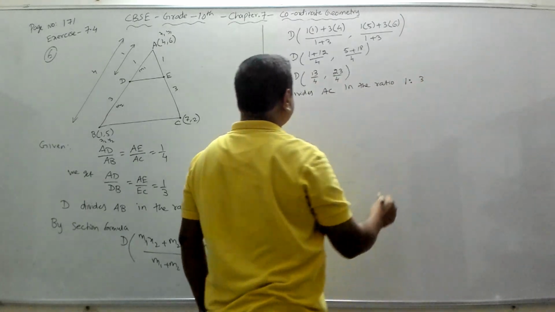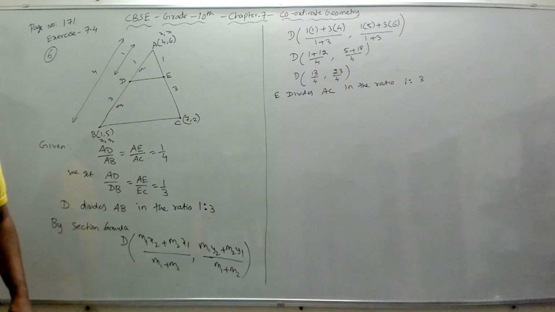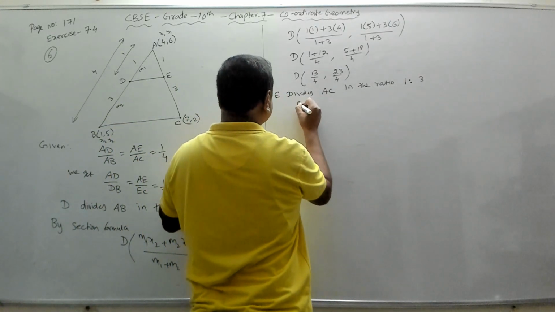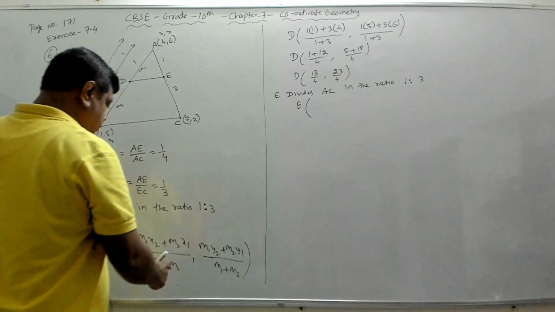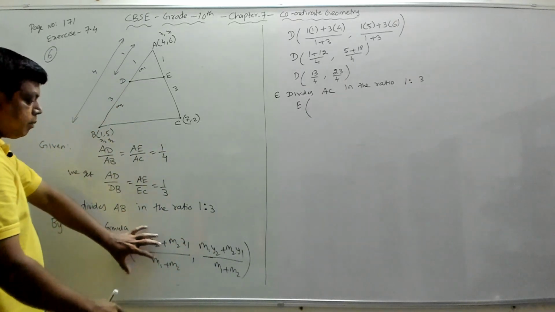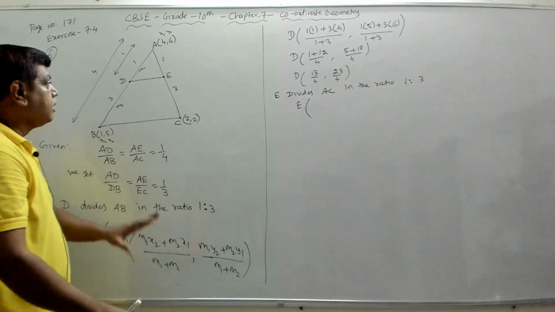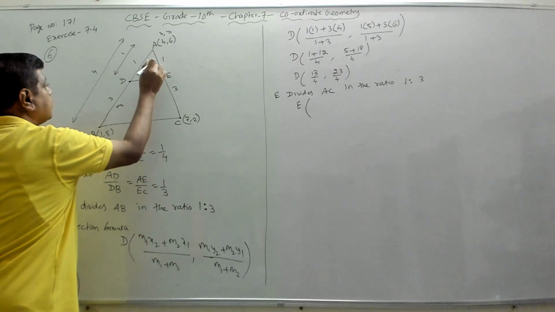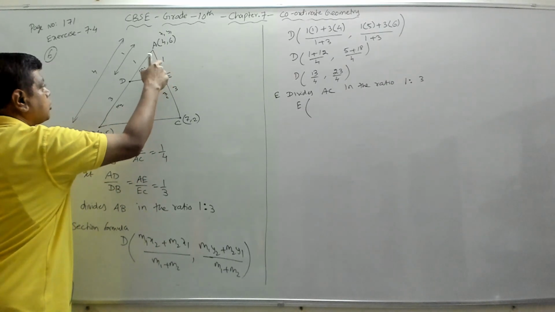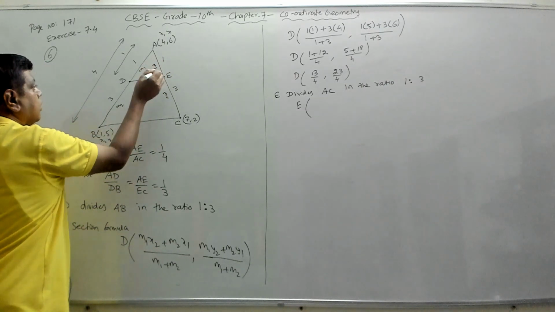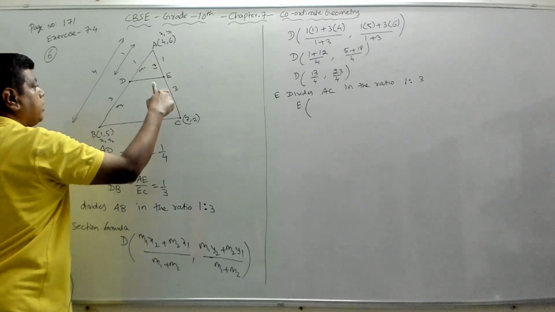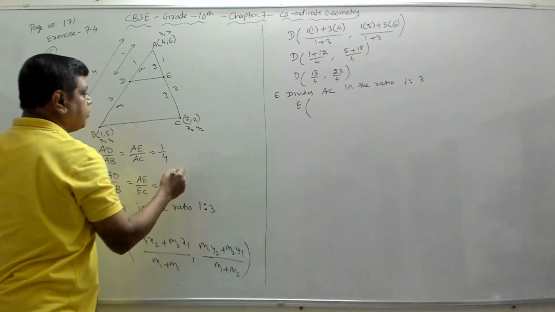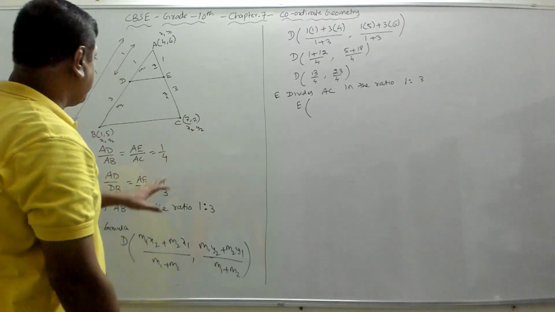So by the section formula, again we'll apply the same formula, m1 x2 plus m2 x1. I'm not writing the formula again. So this is m1, this is m2. m1 is 1, m2 is 3, then we take this as x1, y1 and this as x2, y2. We'll apply the section formula for this.